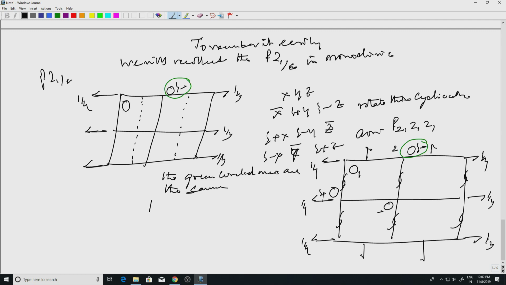So 1: x, y, z. 2: x bar, half plus y, half minus z. 3: half plus x, half minus y, z bar. So this is 3. 4: half minus x, y bar, half plus z. So this becomes 4.